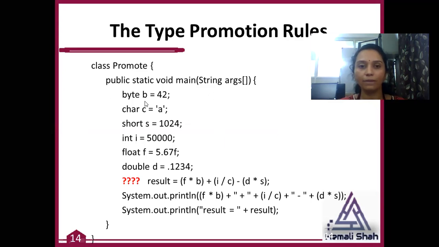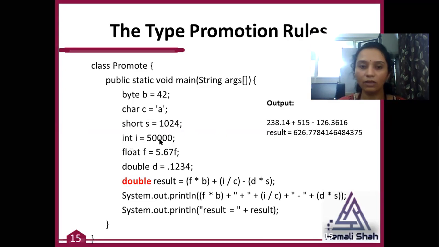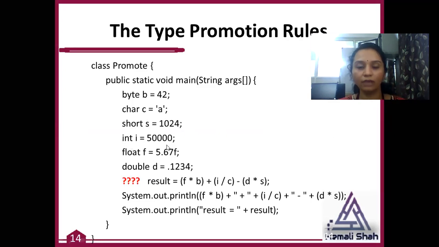Here is one example: byte b equals 42, char c equals 'a', short s equals 1024, int i equals 50, float f equals 5.67f, double d equals 0.1234. Now, what should be the resultant data type here?